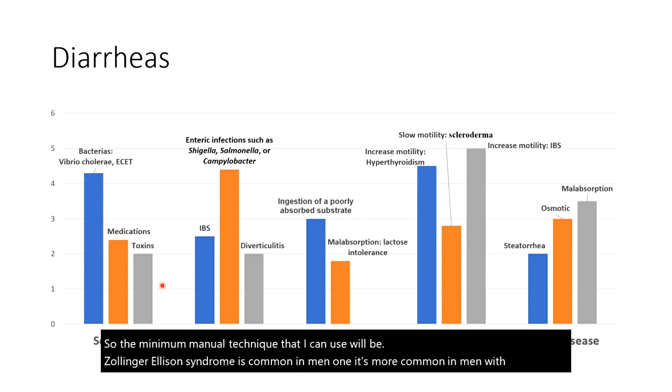For example, Shigella, Salmonella, and Campylobacter. When they invade the epithelium, they can produce blood, pus, mucus in the lumen of the intestine, and especially the small intestine.